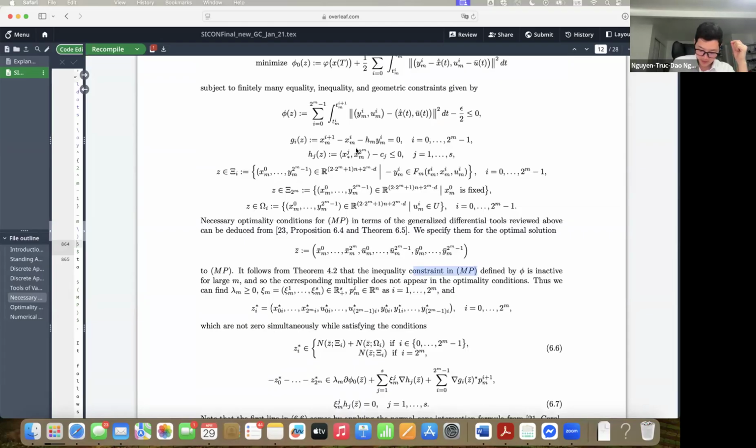Oh, wait, why doesn't it work here? Look at phi here. Oh, I cannot see right here. Why? Weird, I could not write on it.